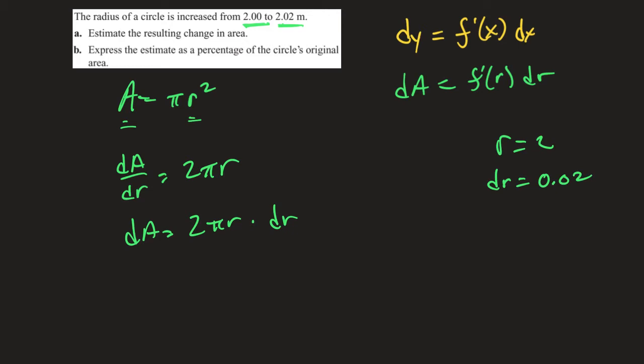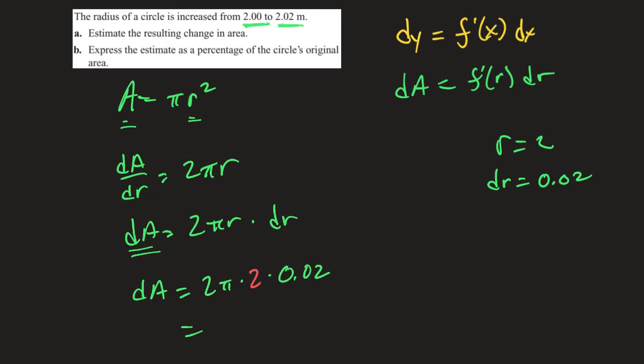So if we're going to estimate the change in the resulting area, in other words, if we're going to compute dA, we have to do dA equals 2 pi times the original 2 times the dr, which was 0.02. And that calculation will be the estimate for the resulting change in area. That'll be our dA.